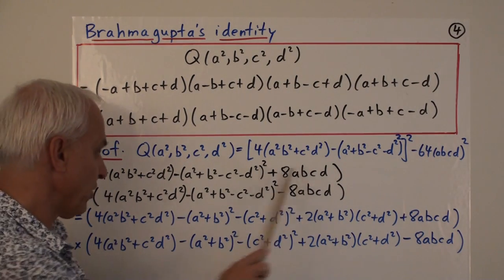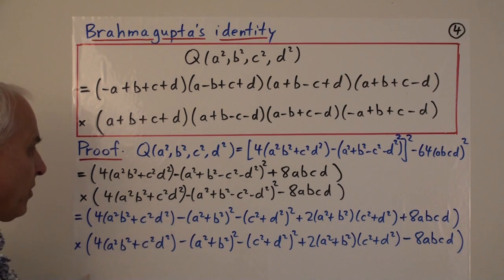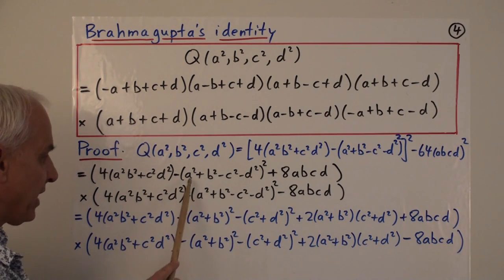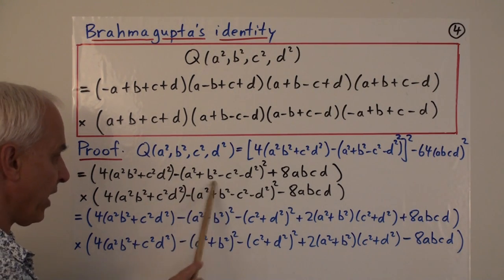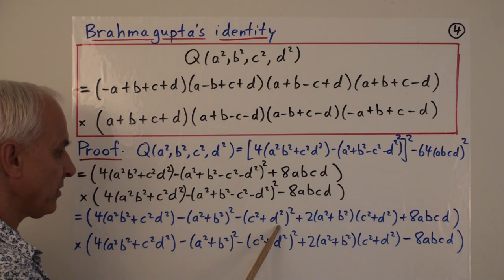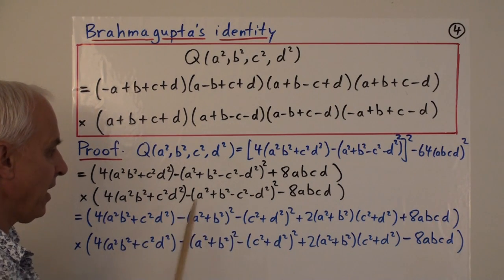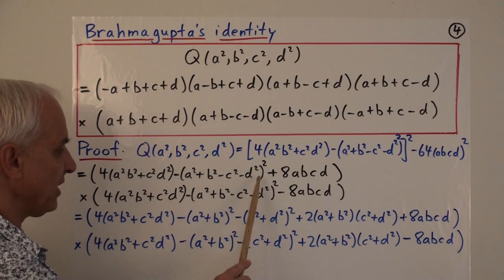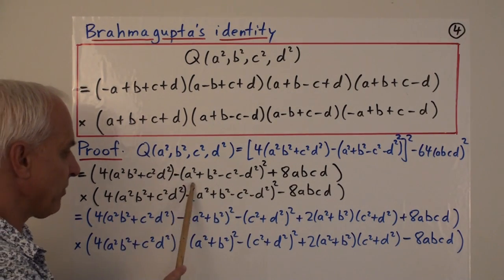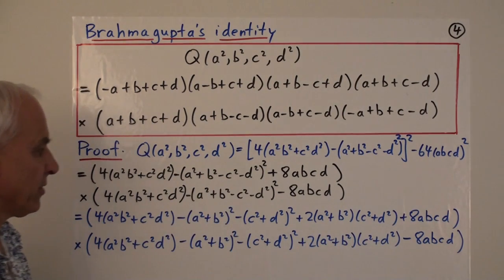Okay, so let's have a look at the first one of these things here. We have 4a squared b squared plus c squared d squared. Now if we square this term here, let's write that as a squared plus b squared all squared plus c squared plus d squared all squared. There's a minus sign here, so that will be a minus that and a minus that. And then minus twice the product of these two things. We're grouping this and this together, so twice the product would be 2 times a squared plus b squared, c squared plus d squared.